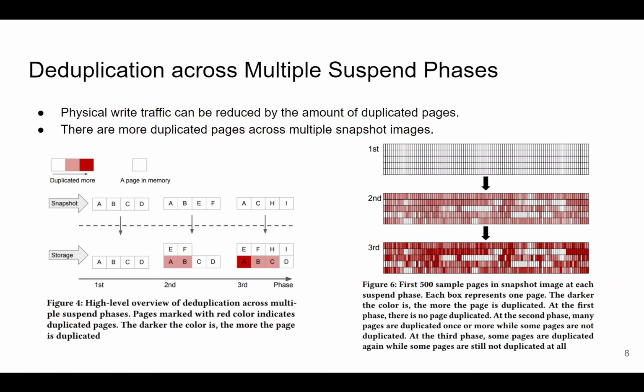If we utilize these duplicated pages, physical write traffic can be reduced. This approach should be effective when there are more duplicated pages across multiple snapshot images. Figure 4 illustrates this idea. Figure 6 illustrates the first 500 sample pages in a real snapshot image at the first 3 suspend phases.